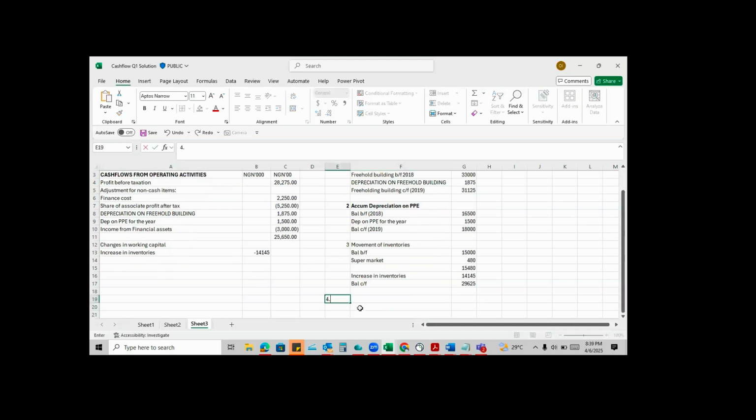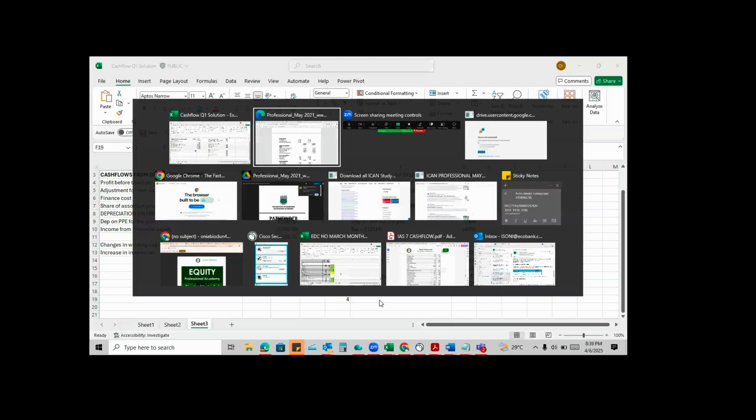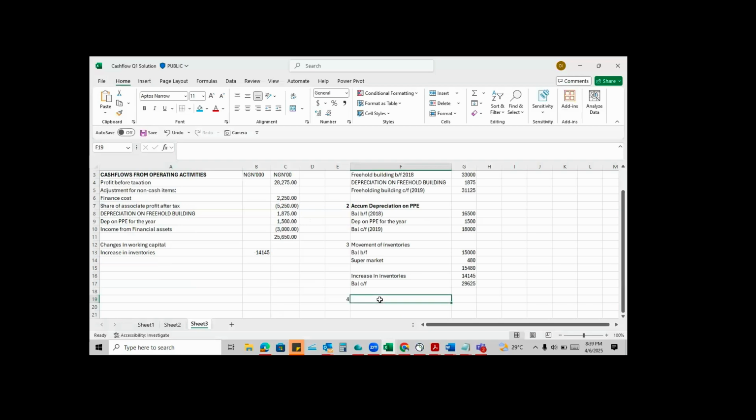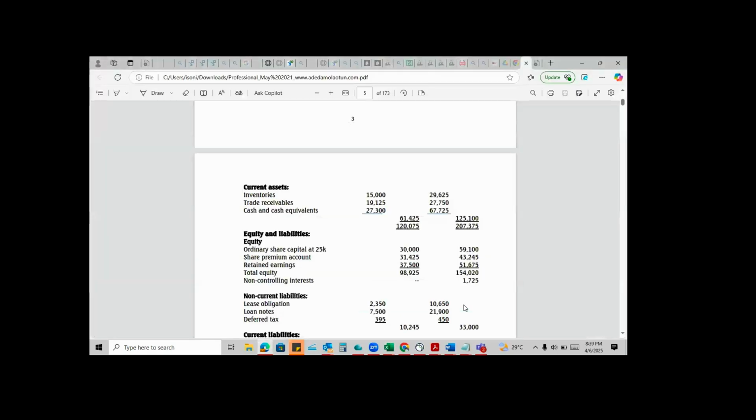Number 4. I think I saw trade receivables there. Trade receivables balance brought forward was how much? I'm seeing 19,125.